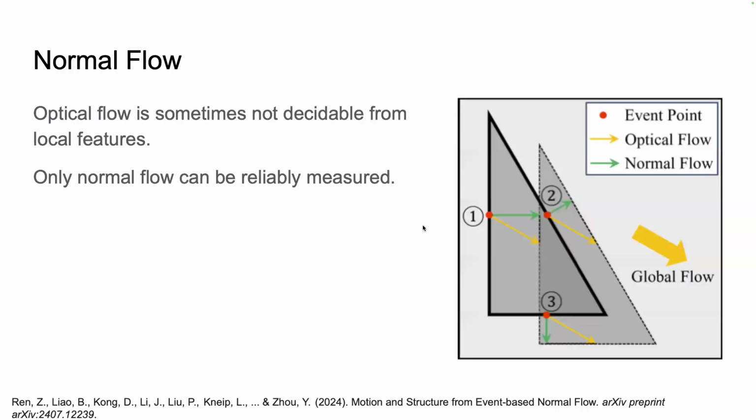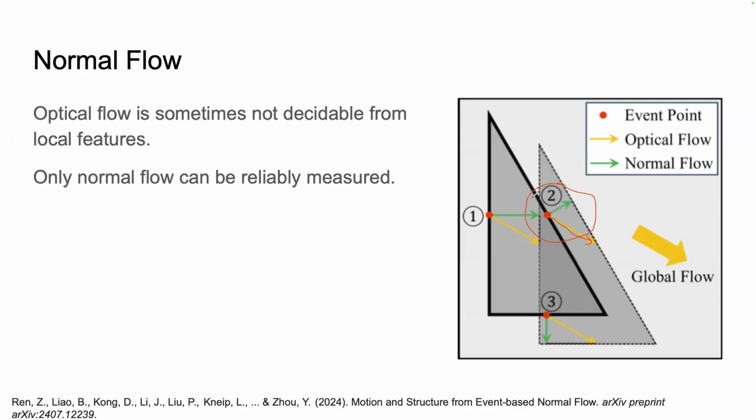But here is a problem with optical flow, which is the local aperture problem. Optical flow is sometimes not decidable from local features. If you look at this figure, suppose you only look at a very small local region, like here. Even though globally you know the motion is like this, this is the optical flow.